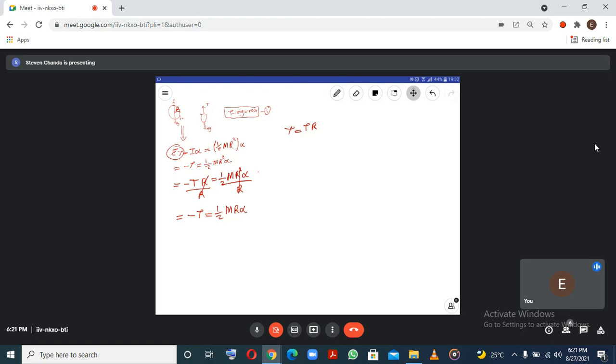Let me use blue so that we don't mix things up. This angular acceleration, sorry, not alpha. Angular acceleration is the same as a over R. Now, many people make mistakes on this, in that you have to ask yourself, how is this wheel moving?